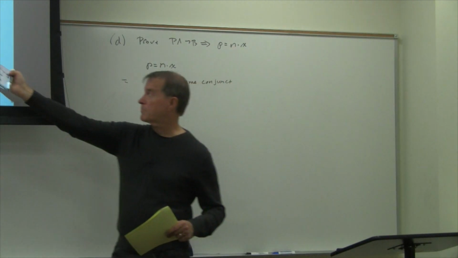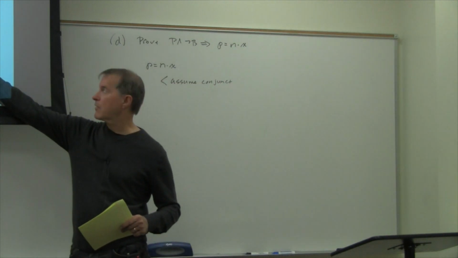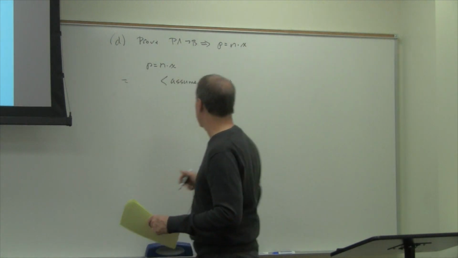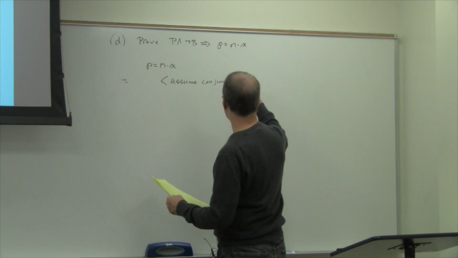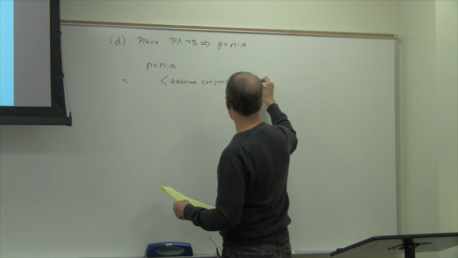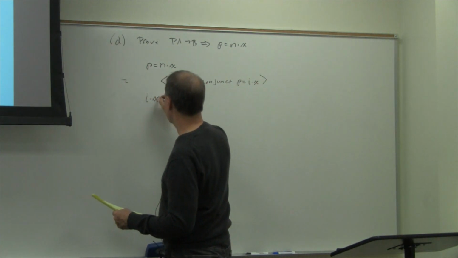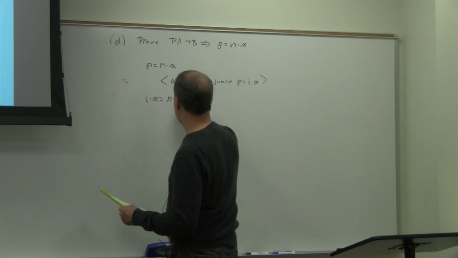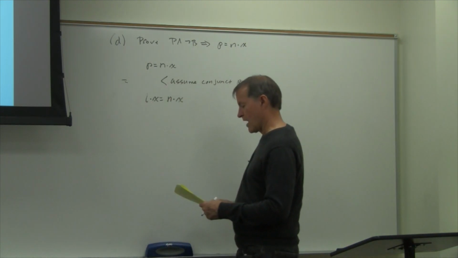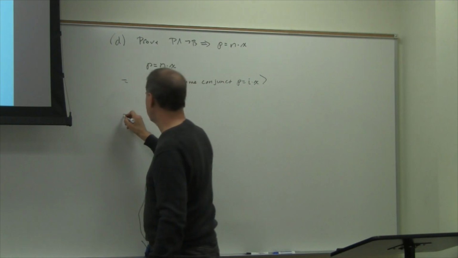I think we could assume P equals i times x, right? Isn't that one of the conjuncts? Okay, so assume conjunct P equals i times x. So what will this be? i times x equals what? n times x. So now what conjunct should we assume?